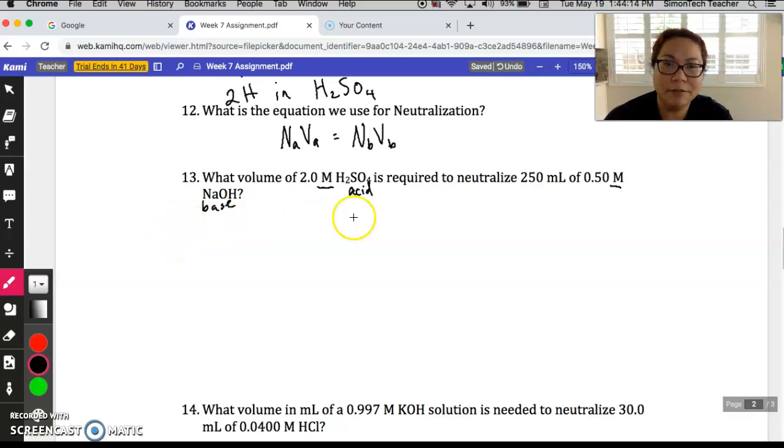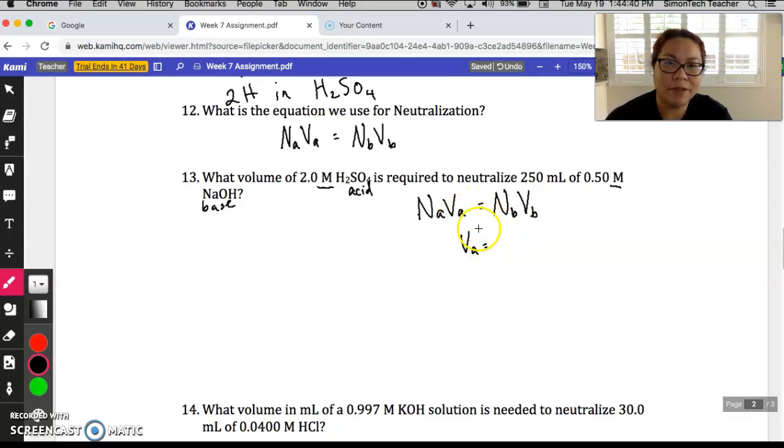So we will use this equation here to figure out the volume of the acid. Again, let me rewrite it out. Normality of the acid times the volume of the acid equals the normality of the base times the volume of the base. And we are looking for the volume of this acid. So we can just rewrite this.